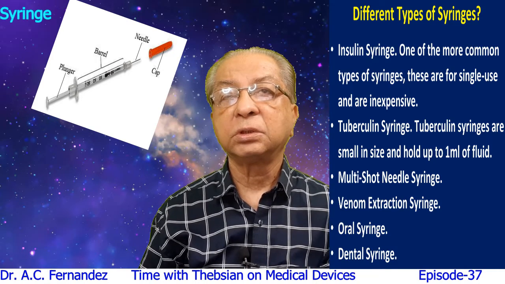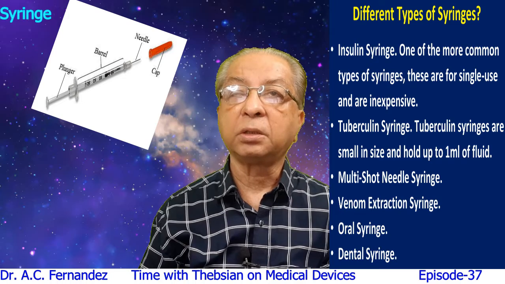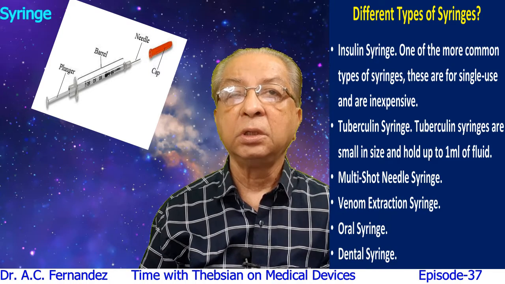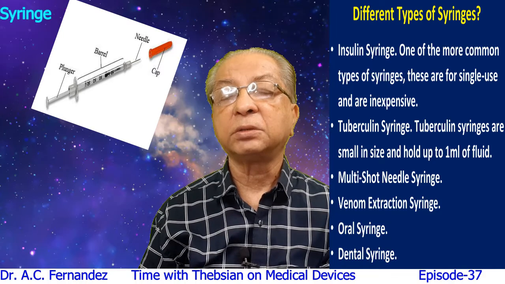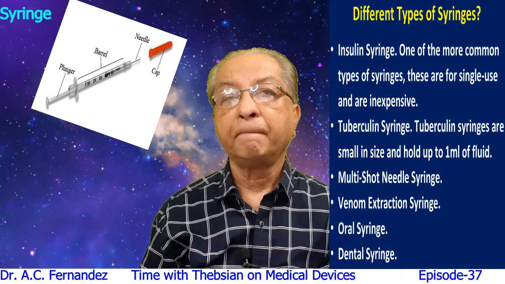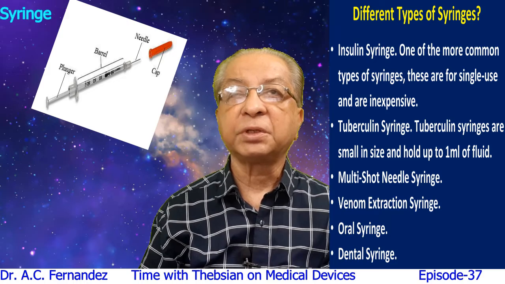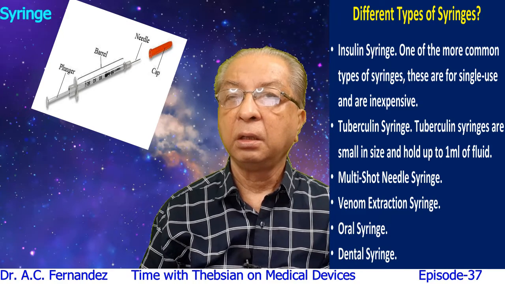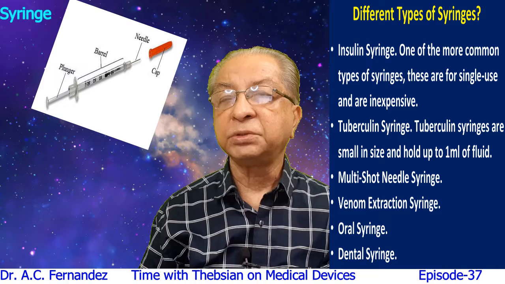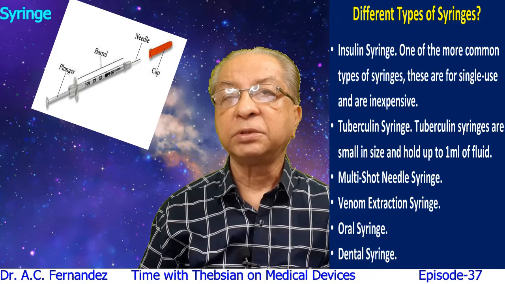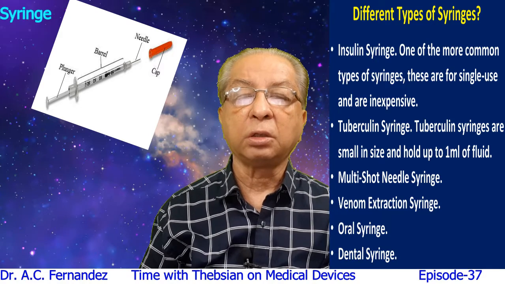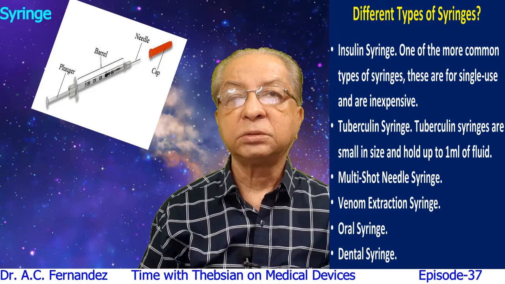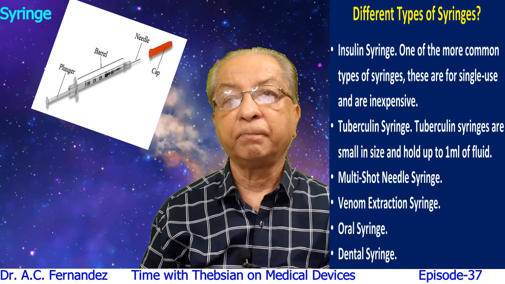Oral syringes are a measuring instrument used to accurately measure doses of liquid medicine expressed in milliliters. Sometimes these syringes are used to feed babies, that means dispense baby foods to young babies who are not accustomed to hand feeding.